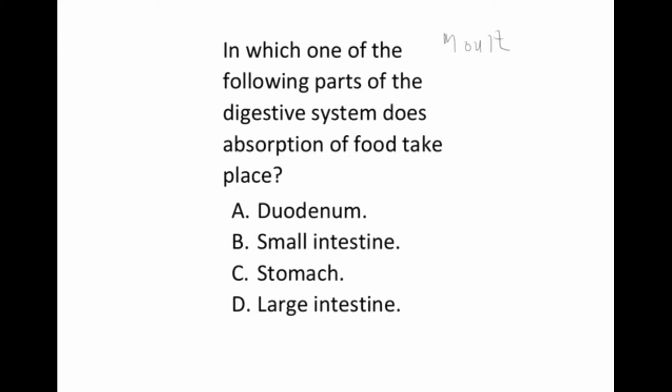We have the food pipe. We have the stomach. We have the small intestine. Also we have the large intestine.